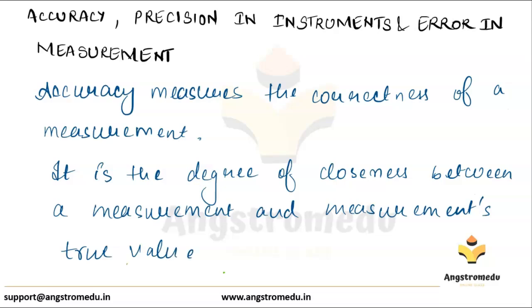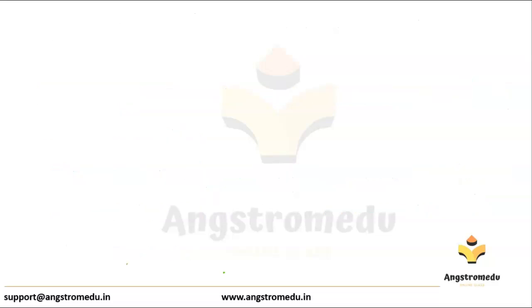If we talk about precision, then precision is the magnitude of deviation of a series of measurements, and it is measured by an instrument.